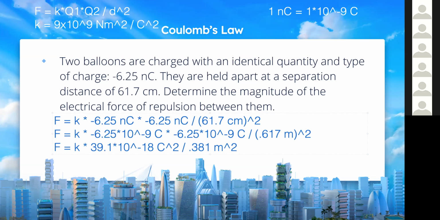So let's just simplify those numbers down. Okay. So let's treat the exponent differently. Let's keep the exponents separate, and let's just take that 39.1 and divide it by 0.381.